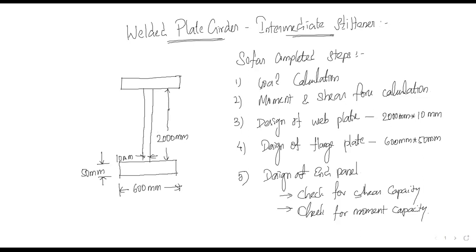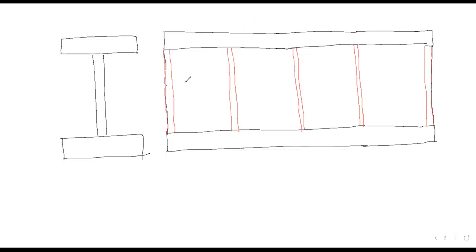Then we went to the design of the end panel. This is our end panel, and this is also. We checked that this end panel is safe in shear force and bending moment.